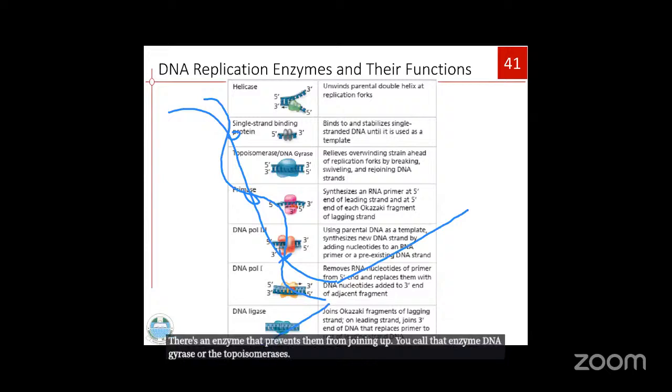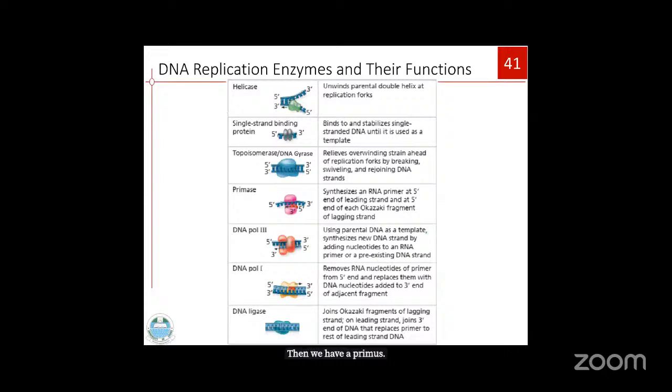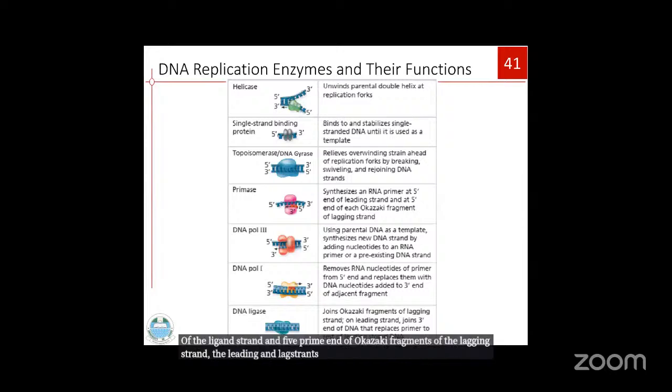Then we have primase, RNA primase. This synthesizes primers at the 5' end of the leading strand and the 5' end of Okazaki fragments of the lagging strand. The leading and lagging strands will be seen later. Before DNA replication occurs, let's assume this DNA has opened up.